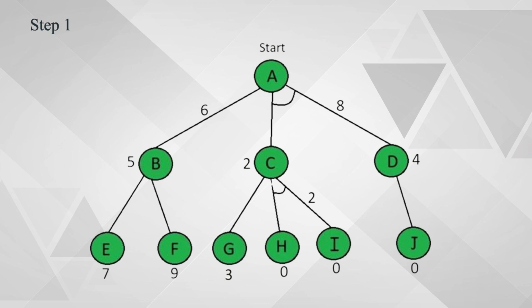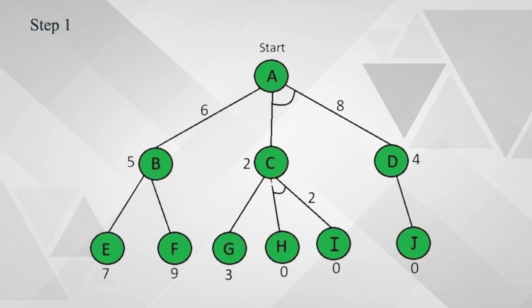Then G, H, I have 3, 0, 0, and in D we have J equal to 0. E and F are in an OR node, so we take the minimum value. So in this diagram we can take the minimum value.